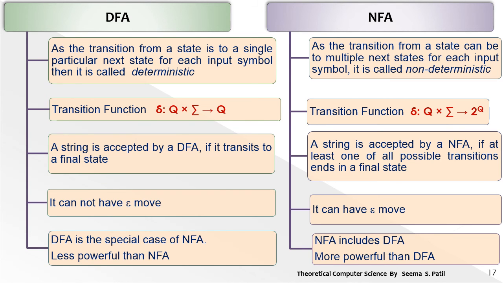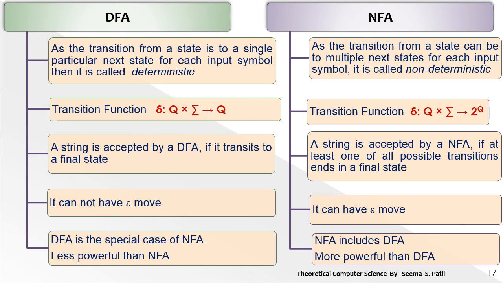Next point is of DFA. As the transition from a state is to a single particular next state for each input symbol, it is called deterministic. And in NFA, as the transition from a state can be to multiple next states for each input symbol, it is called non-deterministic.